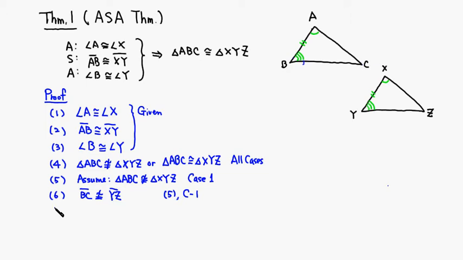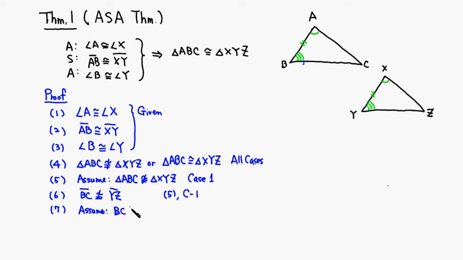Then I'm going to make our lives a little bit easier by making an extra assumption. Since BC and segment YZ are not congruent, they are different lengths, which means one is longer than the other. So we just assume that BC is the longer one.